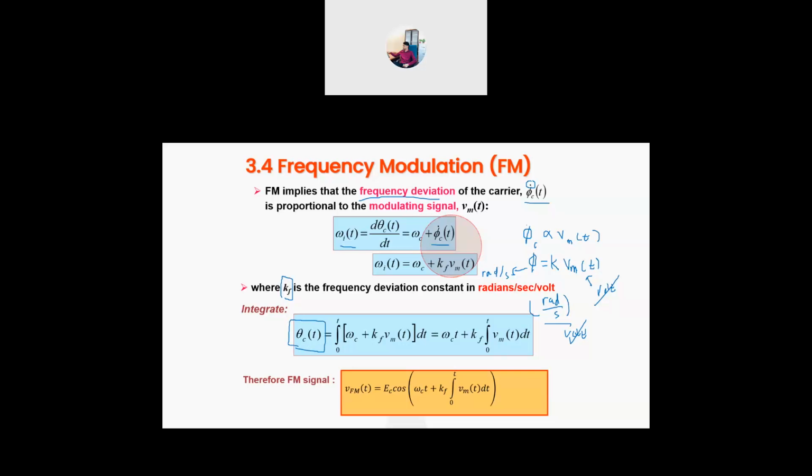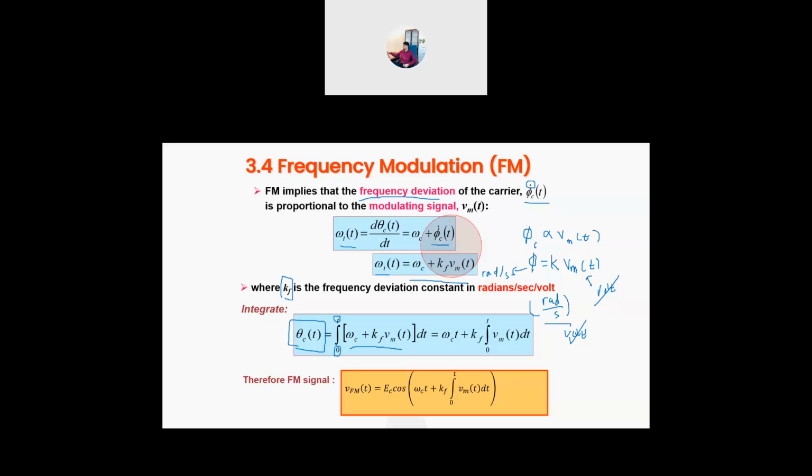The angle of the carrier equals the integration from 0 to t of omega c plus Kf Vm(t), which is this. We integrate our omega i(t). Then we will have omega c t, then Kf is a constant, we take it out, and then the integration of Vm(t) dt.